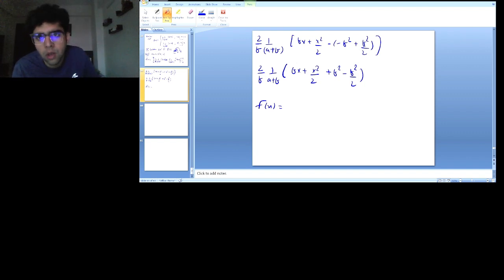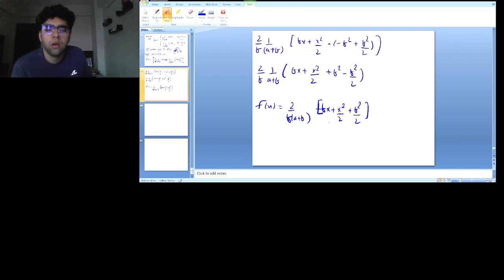So this becomes plus b square minus b square by 2. Ultimately this gives me F(x) as 2 upon b(a plus b) times bx plus x square by 2 plus b square by 2.